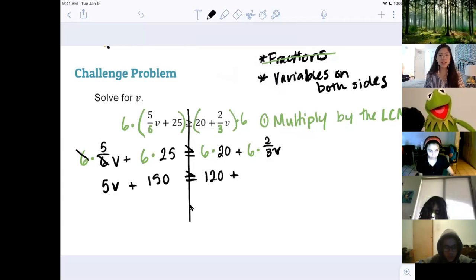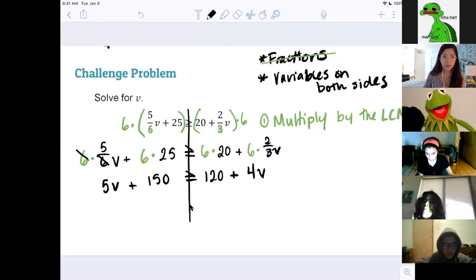And then 6 times 2 over 3. 4V. You got it, 4V. 6 times 2 is 12. 12 divided by 3 is 4.